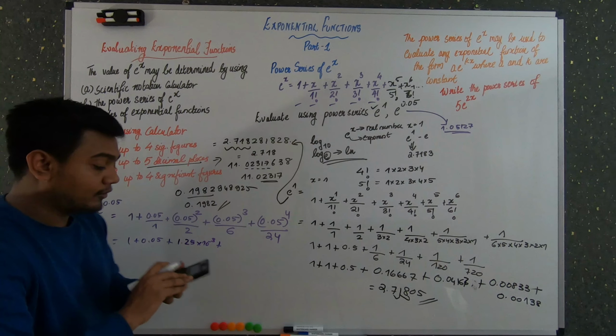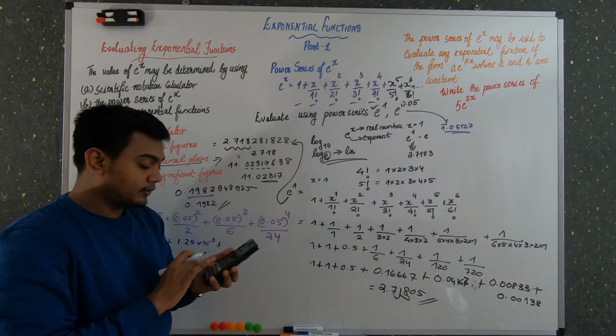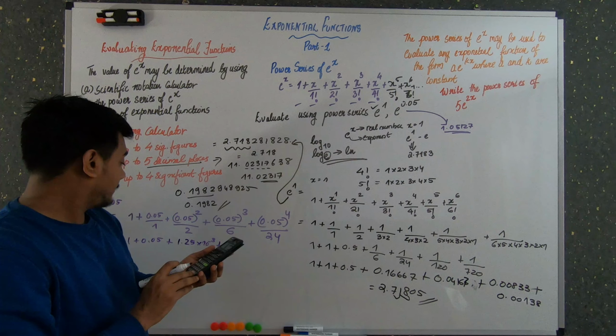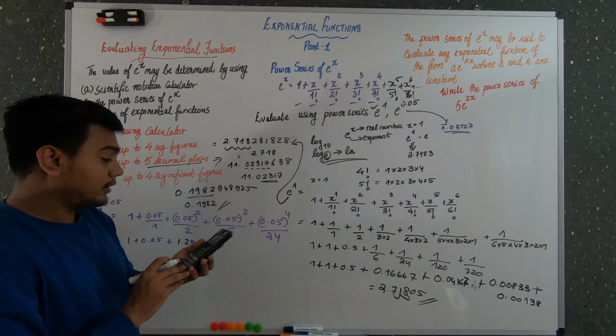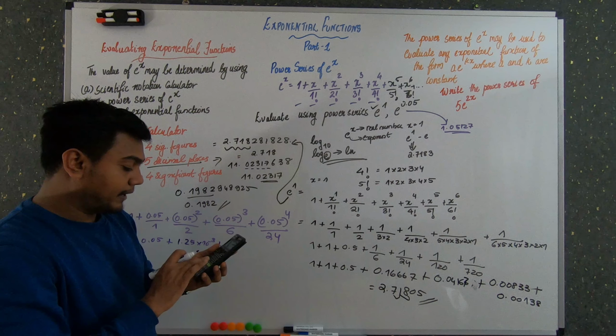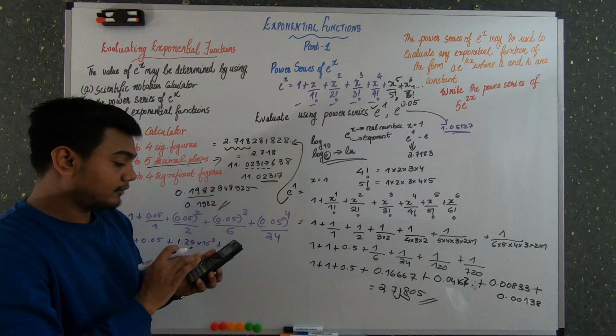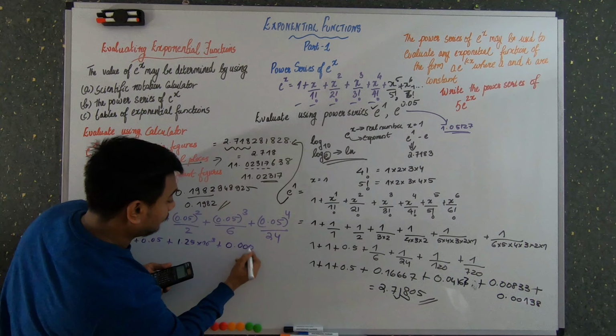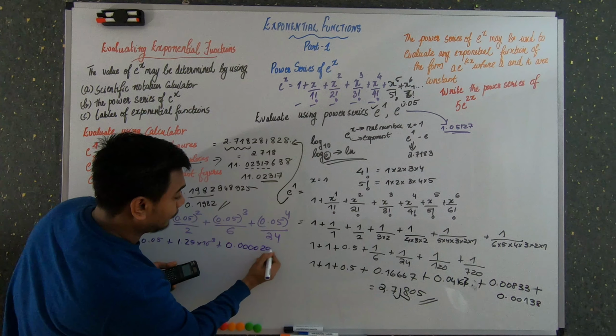The next term, 0.05 whole raised to 3 divided by 6, is 0.0000208.